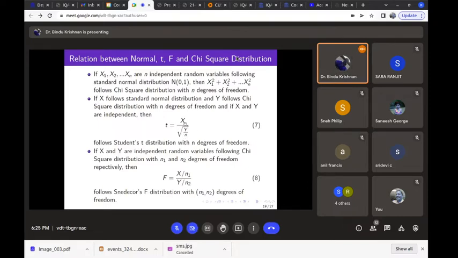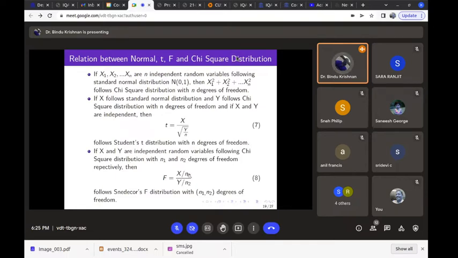So t is x divided by the square root of y by n, with one more condition: x and y are independent. If they are not independent, we cannot express this relation. So this is the relation between the t distribution, the normal distribution and chi-square.